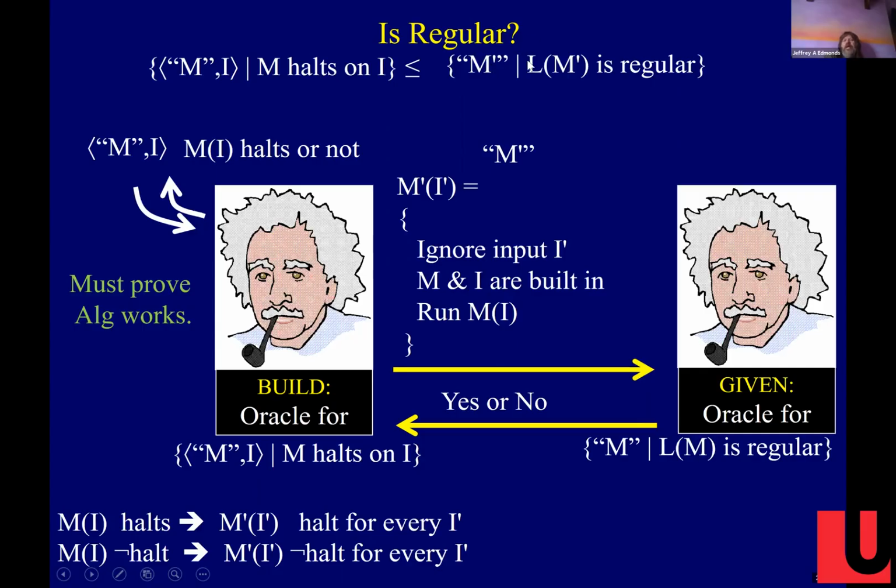Let's define L to be the set of strings on which M prime halts. So it's a language, the language of strings on which M prime halts. And then we ask, is that language computed by a regular expression? Is it computed by a DFA? Yes or no? That's kind of a weird problem, isn't it? Everybody understand what the problem is?